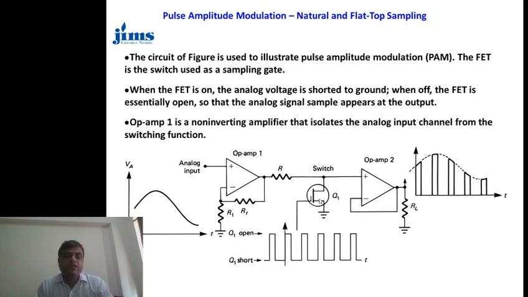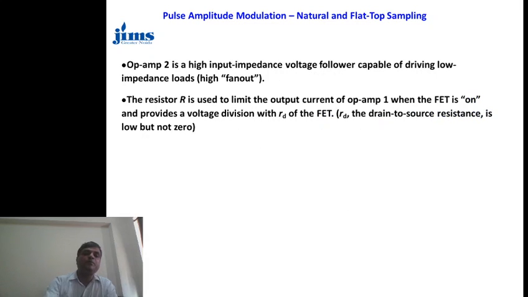So it is a simple non-inverting amplifier, and the output of this passes through this particular switch. This switch converts it into the pulsating output. Similarly, if you see, op-amp 2 is just a voltage follower, so it provides the shape of the output, and also it increases the voltage.